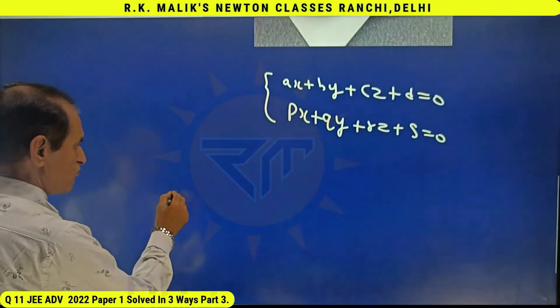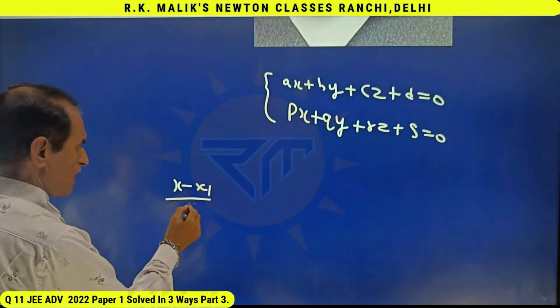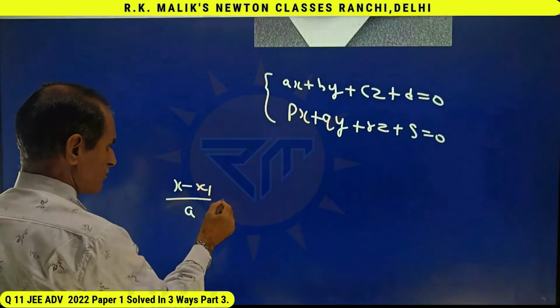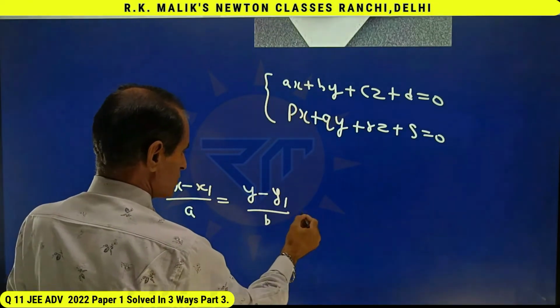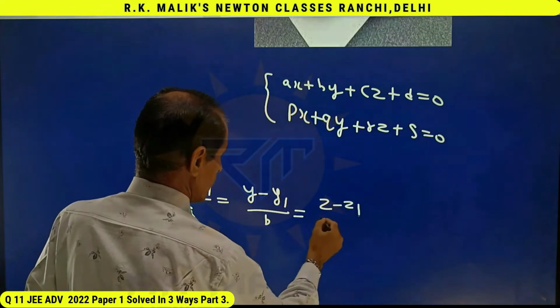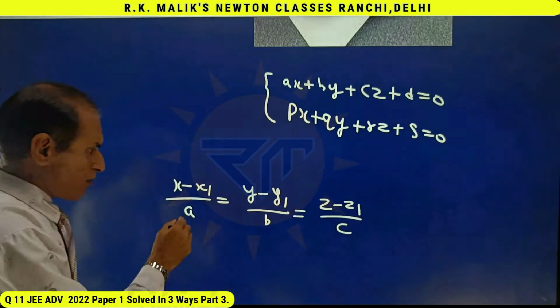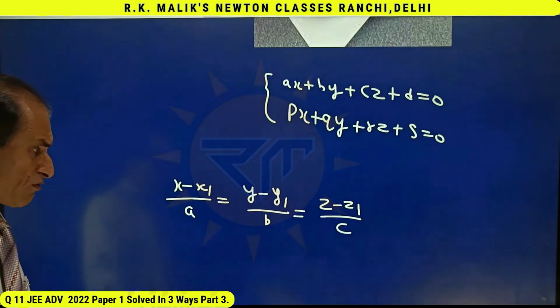And when the line is in the form of (x minus x1) upon a, (y minus y1) upon b, (z minus z1) upon c, this form of line is called symmetrical form.